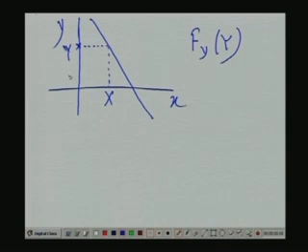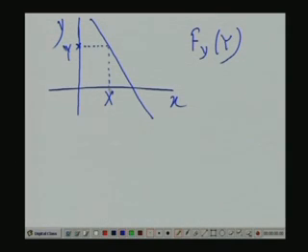Please see this again, I repeat again. This means the probability distribution of y, which means the probability of small y taking values less than or equal to capital Y. So, to satisfy this definition, I have to go below capital Y. But in the previous case, that meant that we should go to the left of this point capital X. In this example, that does not apply, because if you go to the left of capital X, for each x the straight line gives the corresponding y, but that lies above this capital Y. So, I do not have that range now.